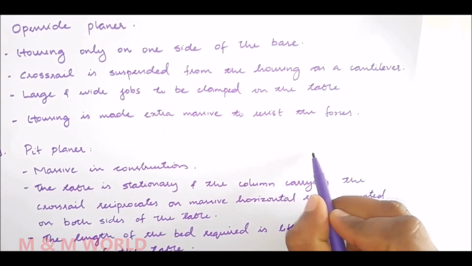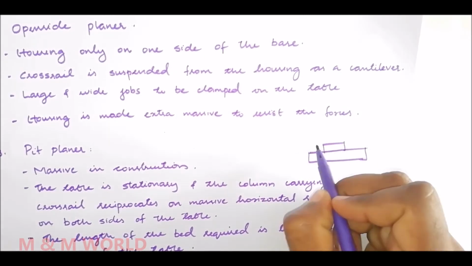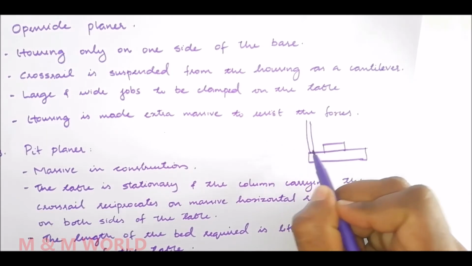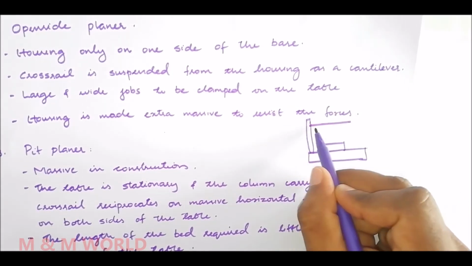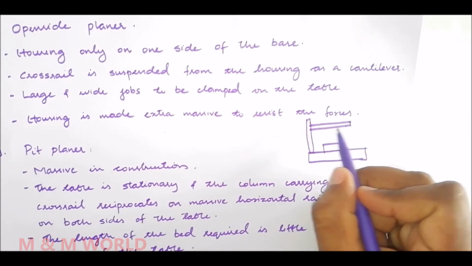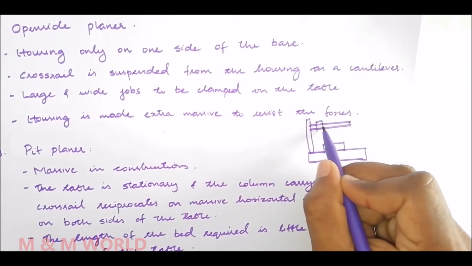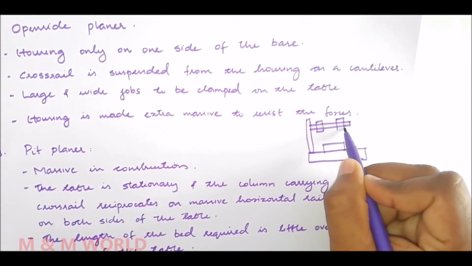Here we have a table on which the workpiece is placed, then we have only one housing and the cross rail is suspended from the housing as a cantilever. Here we have two tool heads.